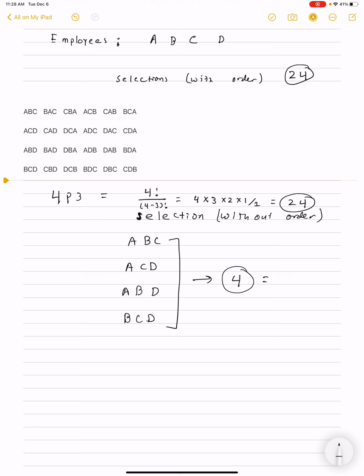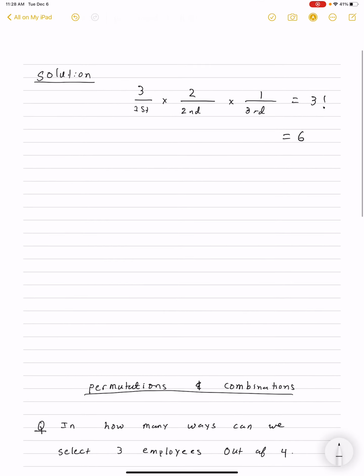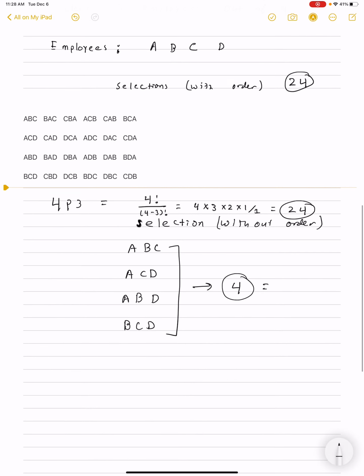So how do I know how many columns there are? That's just the reordering of the letters. Since it's 3 letters, there's 6 ways to permute them. So this is going to be 24 divided by 6, but another way of writing this is going to be 4 permute 3 divided by 3 factorial.